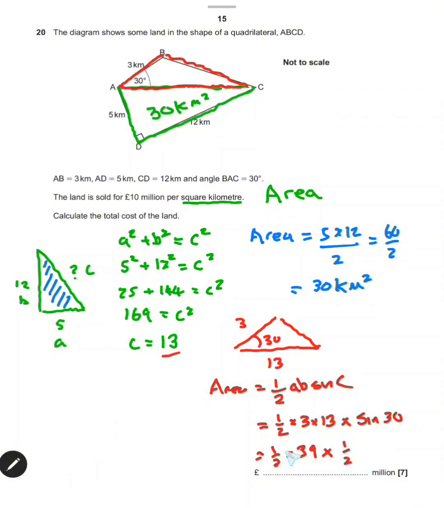So we've got a half times 39, which is a quarter of 39. And a quarter of 39, well, 39 halved, 19.5. 19.5 halved is going to be 9.75. So we know this area is 9.75 kilometres squared.